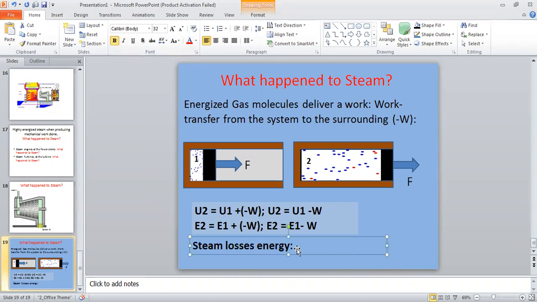So how does steam lose energy? Two things take place. Expands. Expands while moving the piston, possibly the piston against a load.